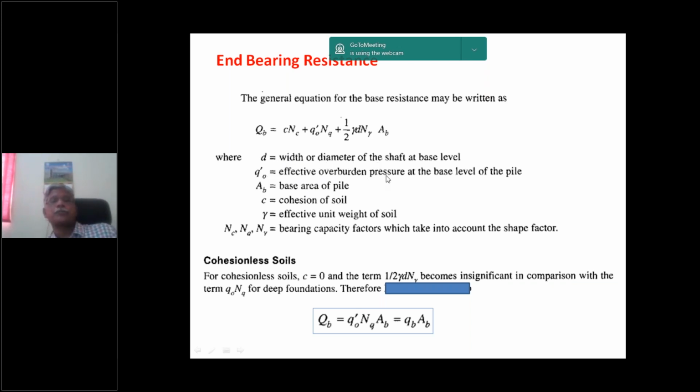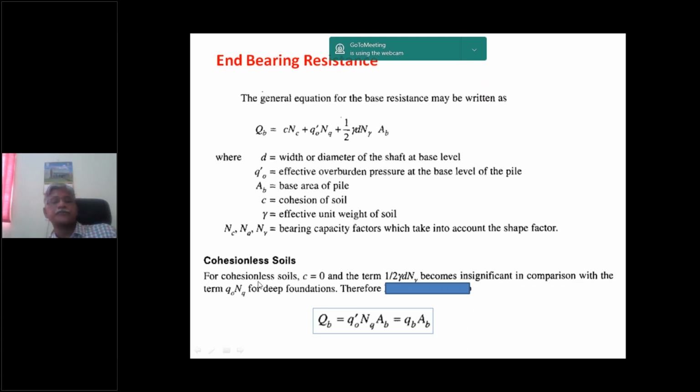Q0 is the effective overburden pressure, which is nothing but gamma into depth, and AB is the base area of the pile. C is the cohesion of the soil. Gamma is the effective unit weight of soil. Here Nc, Nq, and N gamma are the bearing capacity factors which take into account the shape factor.